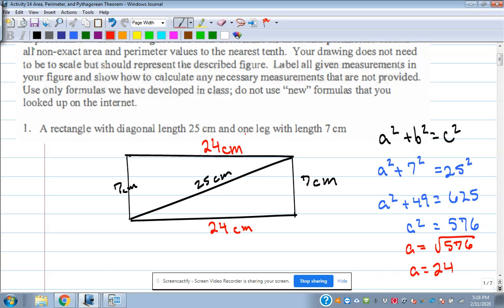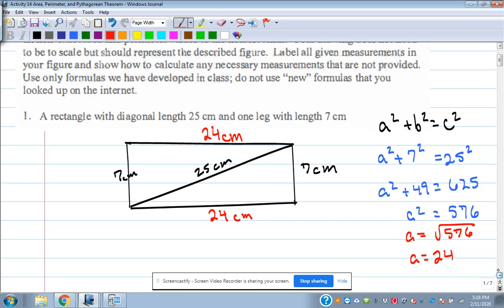And then we can do that perimeter formula, or add up all the sides. 7 plus 7 plus 24 plus 24. 14 plus 48 is 62 centimeters.